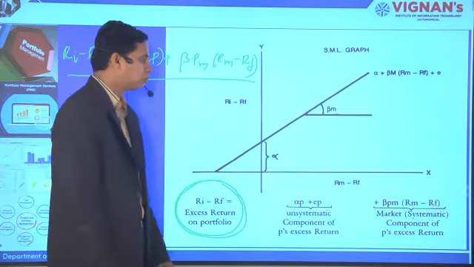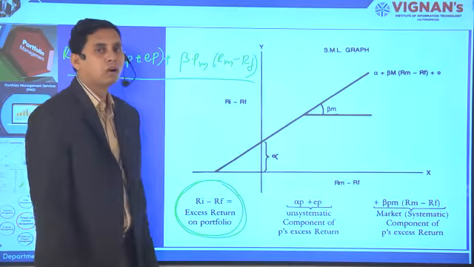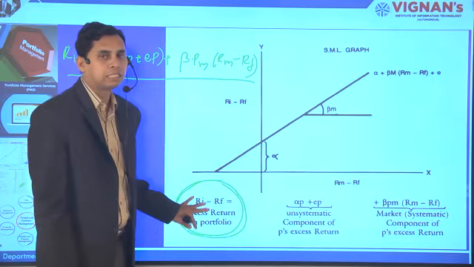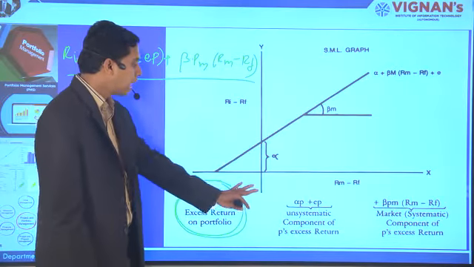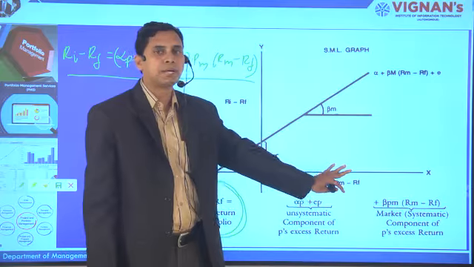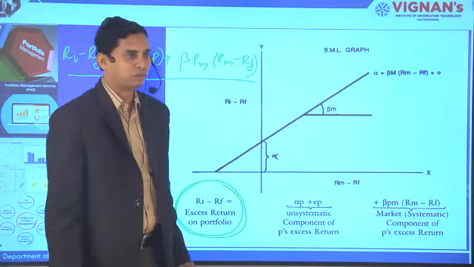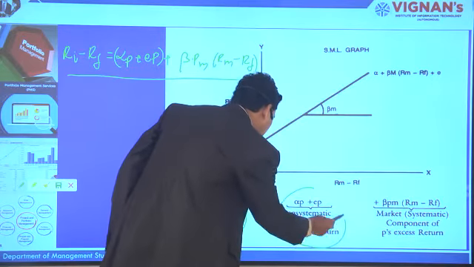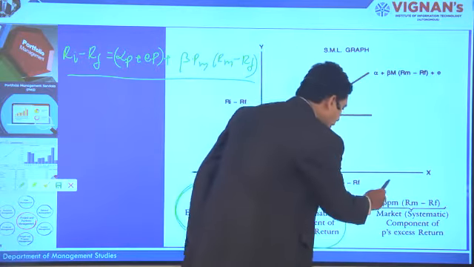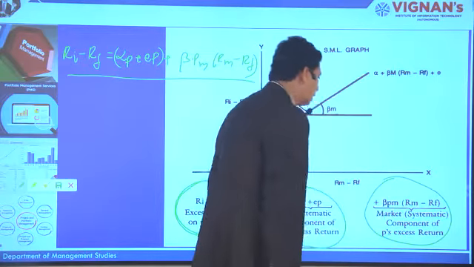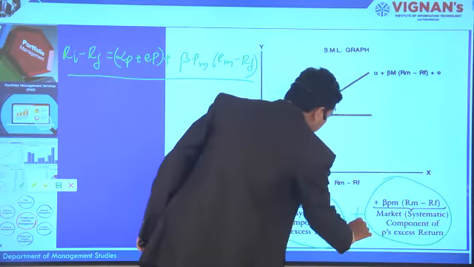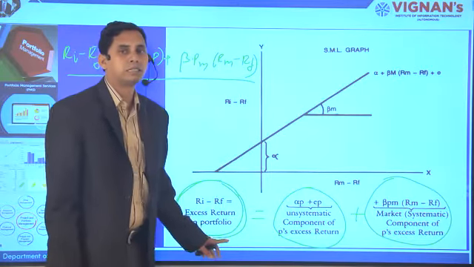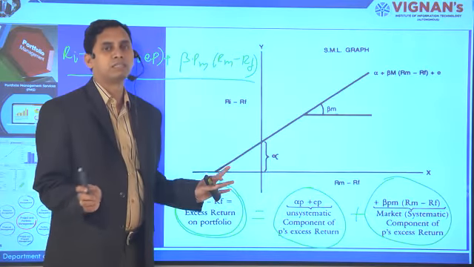This excess return is achieved through the combination of systematic and unsystematic risk related return, generated other than the risk free rate of interest.